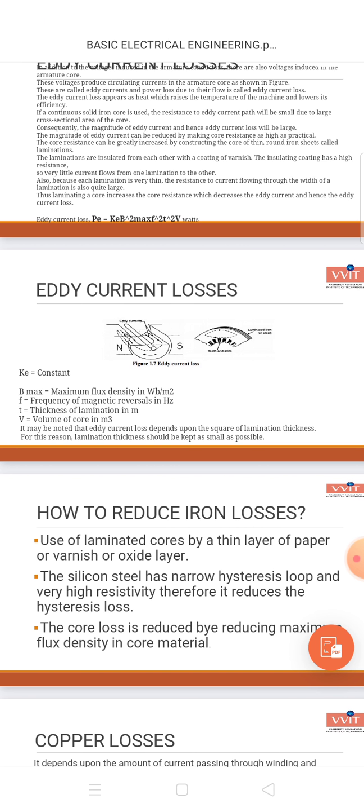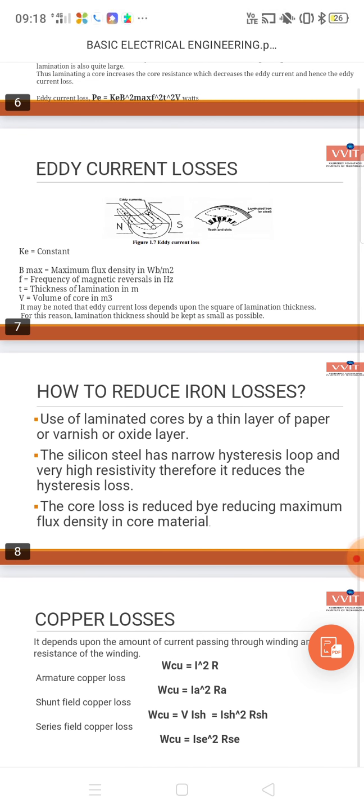Here Ke is the constant, B_max is the flux density, f is the frequency of magnetic reversals in Hz, t is the thickness of lamination in m, V is the volume of core in m³. It may be noted that eddy current loss depends upon the square of lamination thickness. For this reason, lamination thickness should be kept as small as possible.